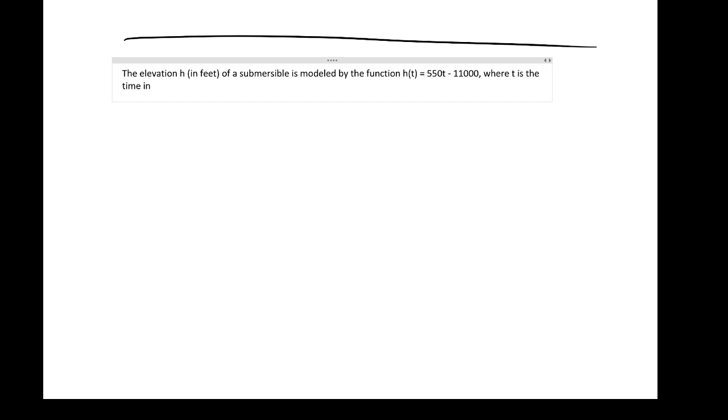So the elevation, h, and of course this is in feet, of a submersible is modeled by the function h of t equaling 550t minus 11,000, where t is the time in minutes since the submersible began to ascend.